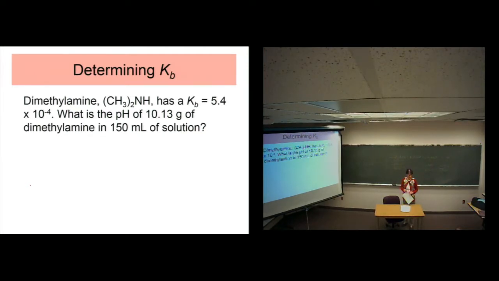Molarity, concentration is molarity, or atmospheres, but in this case, molarity. Do I have molarity? No. How am I going to get molarity? Moles over liters. So I need to change the grams to moles, and the milliliters to liters, and then divide that out to find the molarity, right? And then we could do our ICE table.